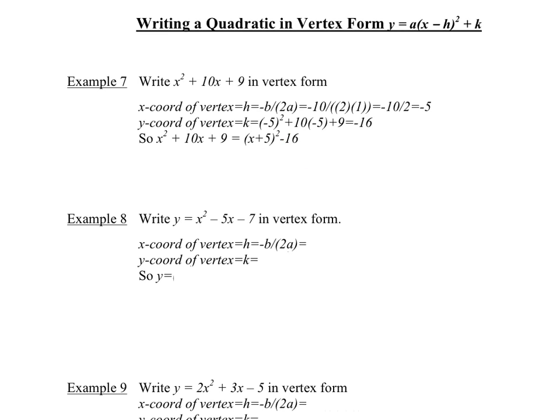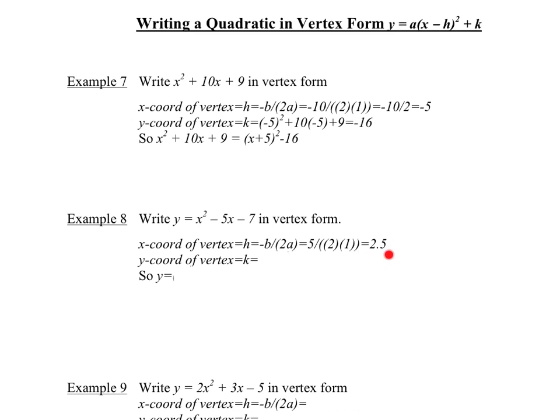Okay. In example 8, it's exactly the same kind of thing. You'll take your a equal to 1, b equal to negative 5. You'll put them into the formula, negative b over 2a. You get 2.5. And then you have to use your calculator here probably.